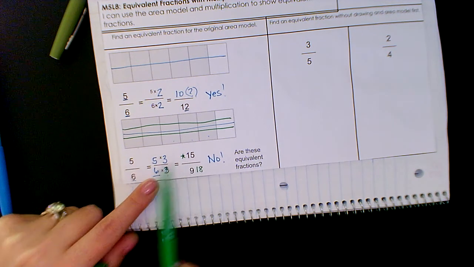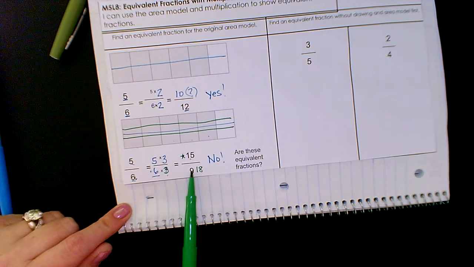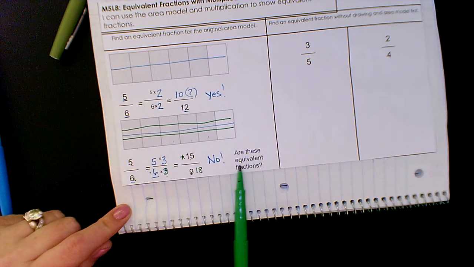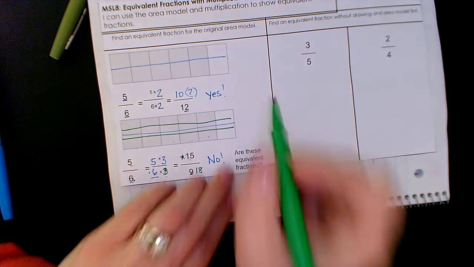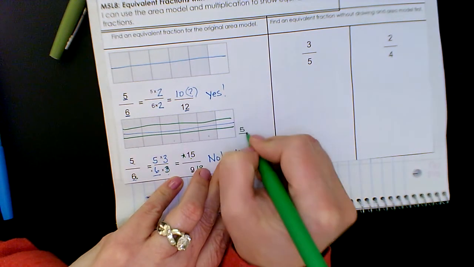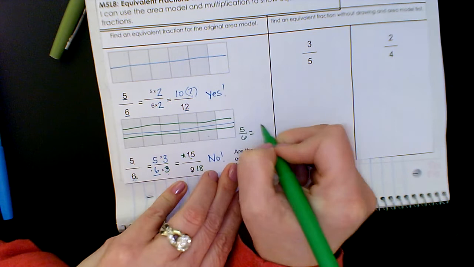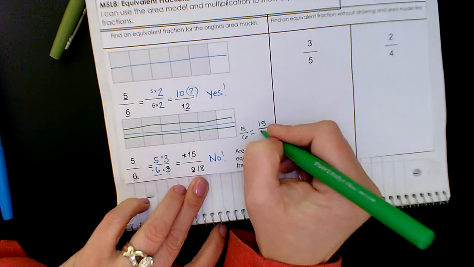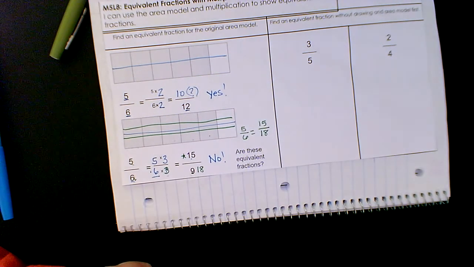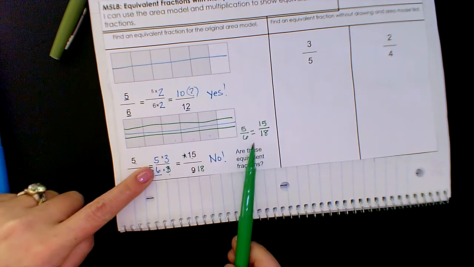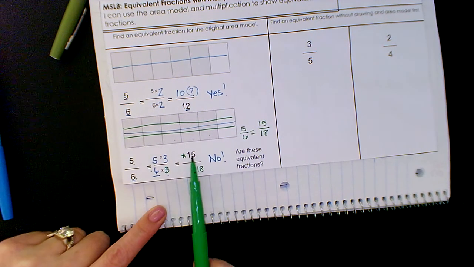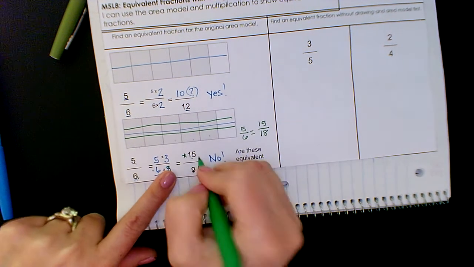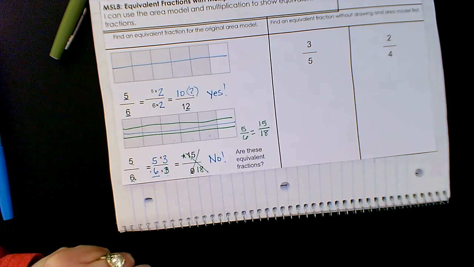So 5/6 is not equal to 15/9 because they're not equivalent. But I could re-show it over here as 5/6 is equivalent to 15 over, what was that denominator? It should have been 18ths. So I could correct it over here, but this 15/9 is not an equivalent fraction.